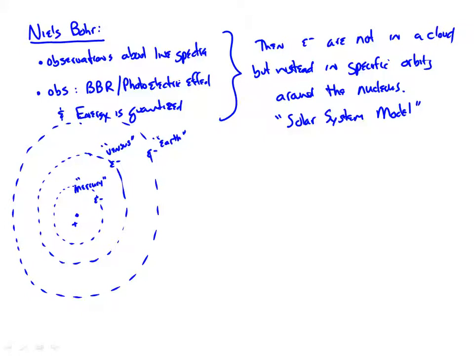So the idea is that if an electron starts out here and absorbs energy, this means that it can emit one specific wavelength, one specific color. Or if it goes between these two orbitals, then that's a different color.